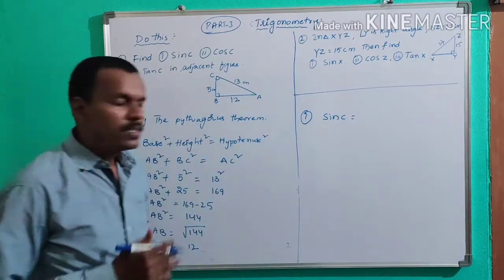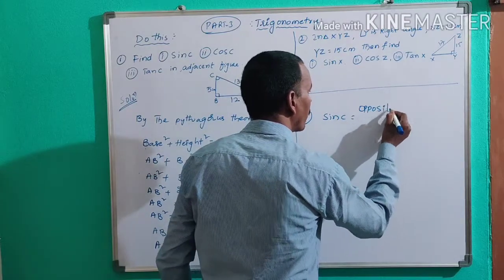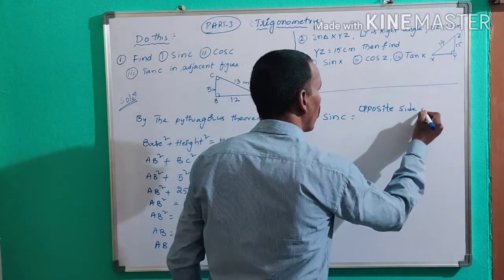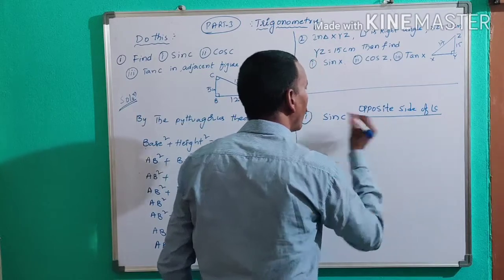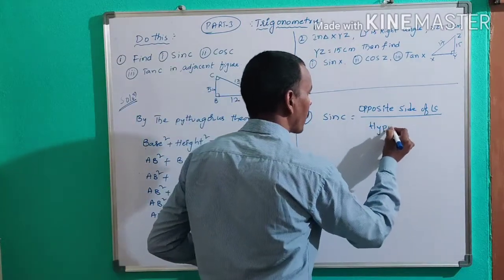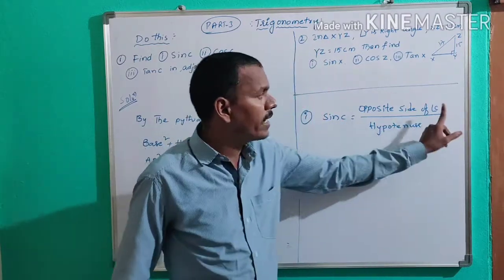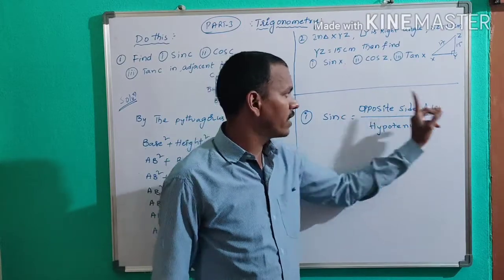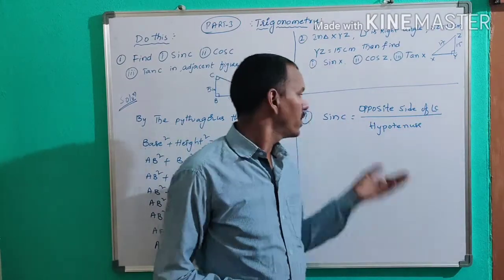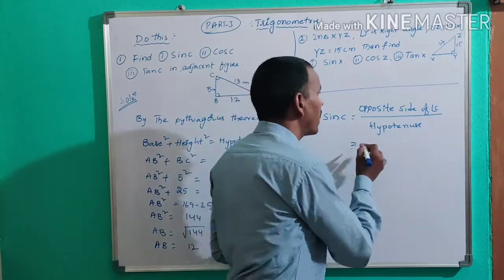We know the formula: opposite side of angle C by hypotenuse. Sin C means we take angle C, but sin A means we take angle A. So here given C, that's why I have taken angle C. What is the opposite side of angle C?